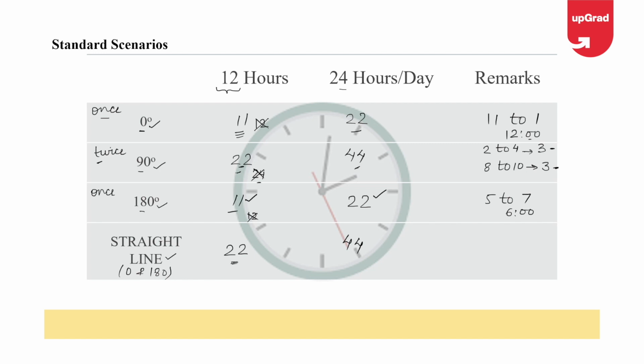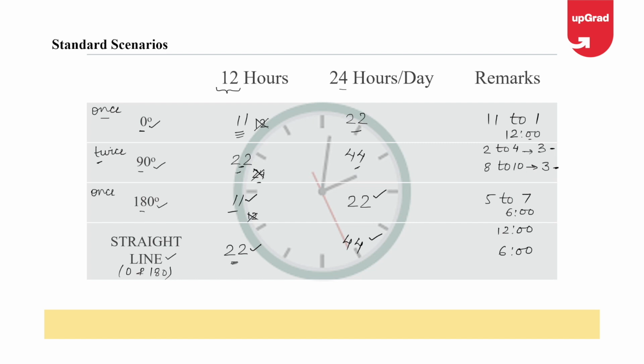And this is quite simple because this was not happening 2 times. It is happening only at 12 and at 6. And therefore we are getting 22 and 44 for 12 and 24 hours respectively. You can check these values once again, as I said, by rotating the needles, and you will get more clarity over it.